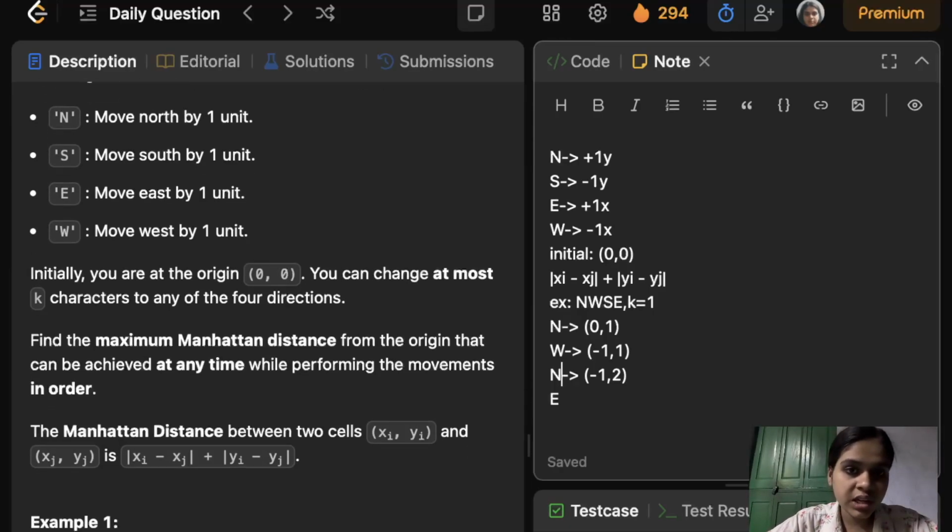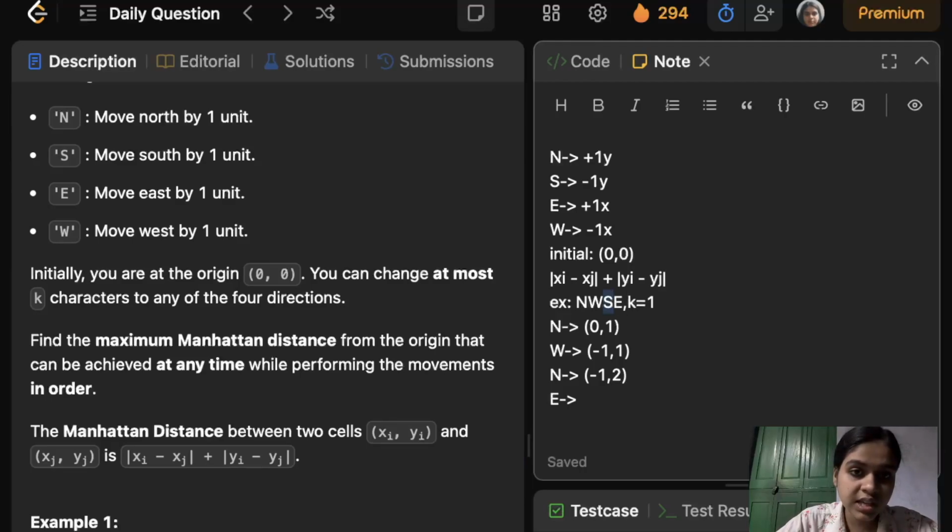So we change this S to N by using this k. k is 1, so we can only change one element to any other direction.